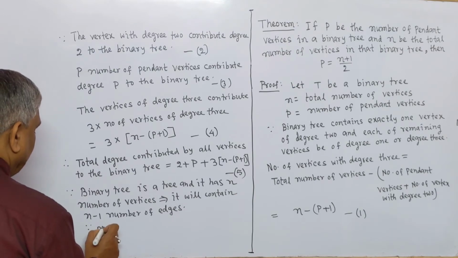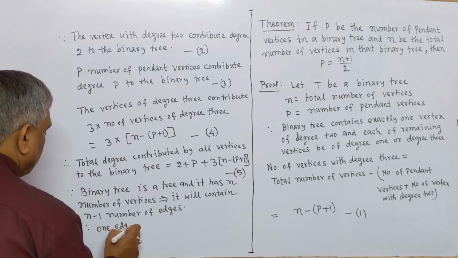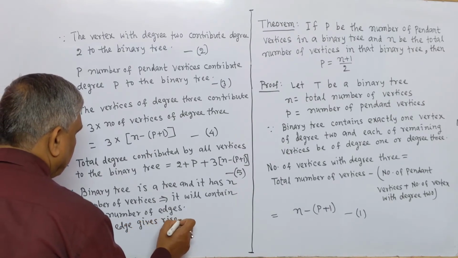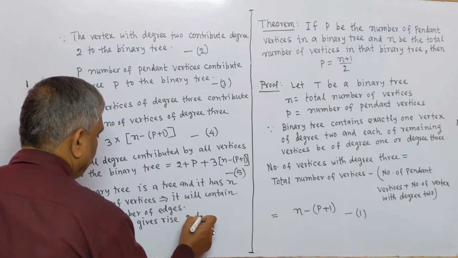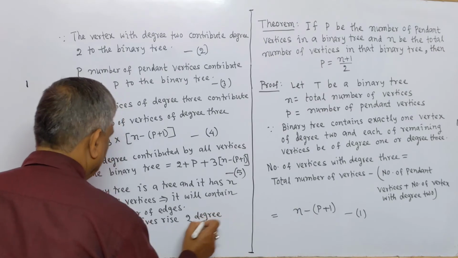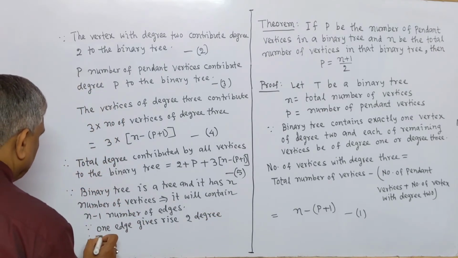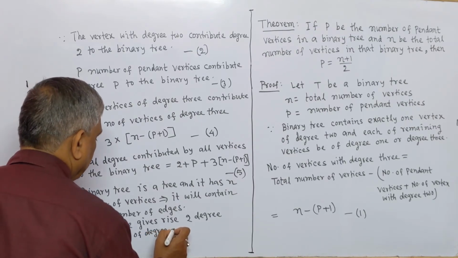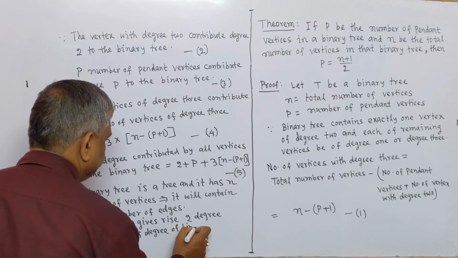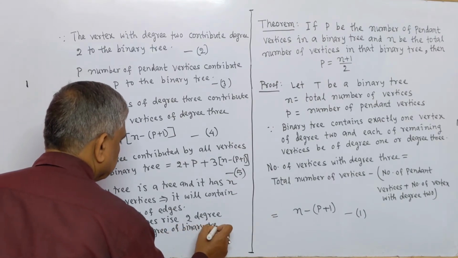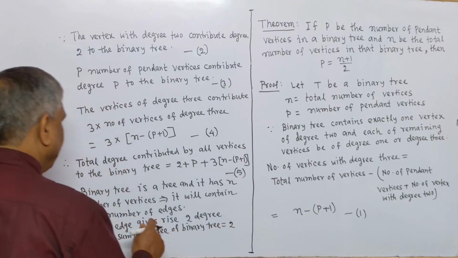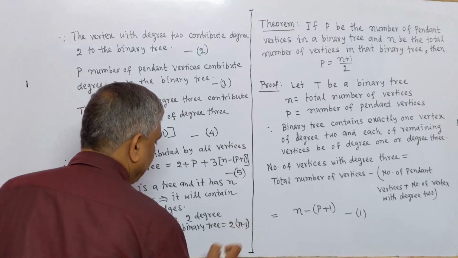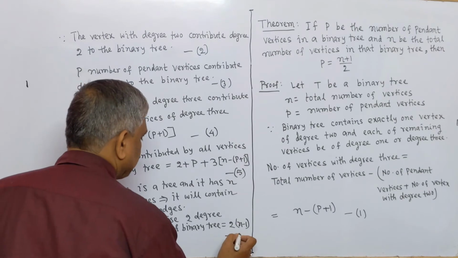Since one edge gives rise to 2 degrees, the total sum of degrees of the binary tree is equal to 2 multiplied by the number of edges, meaning 2 multiplied by n minus 1. This is number 6.